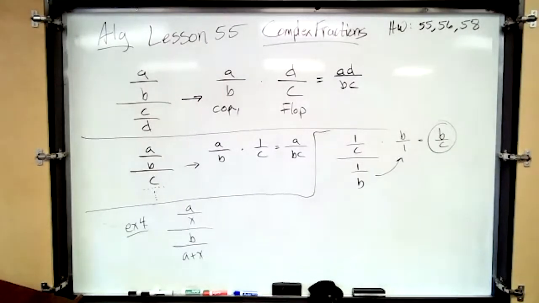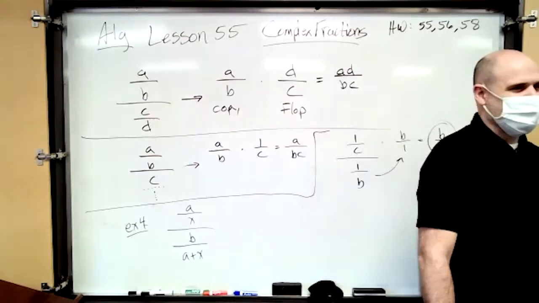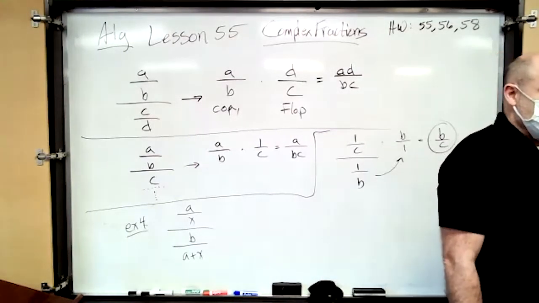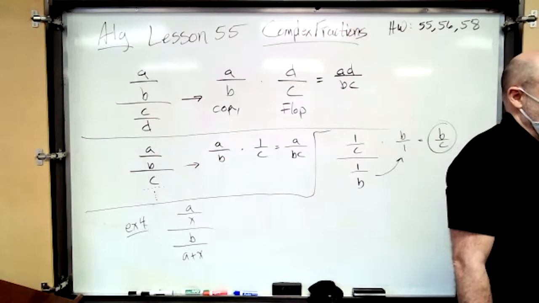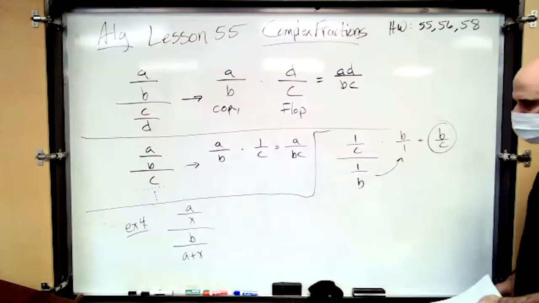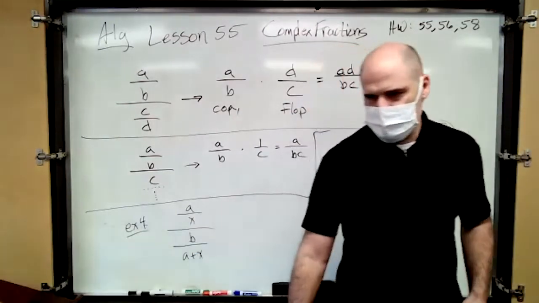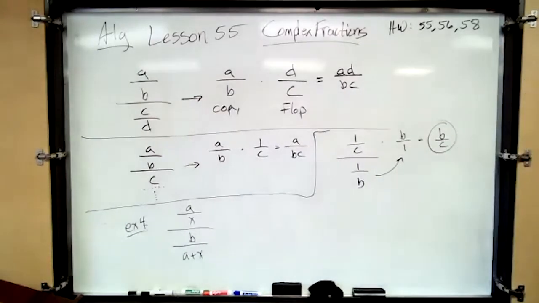And then later we'll have complex fractions. So fractions within fractions within fractions. Kind of like Inception. A dream within a dream within a dream. So this one might be a little bit difficult to do in your head, but it's definitely possible.